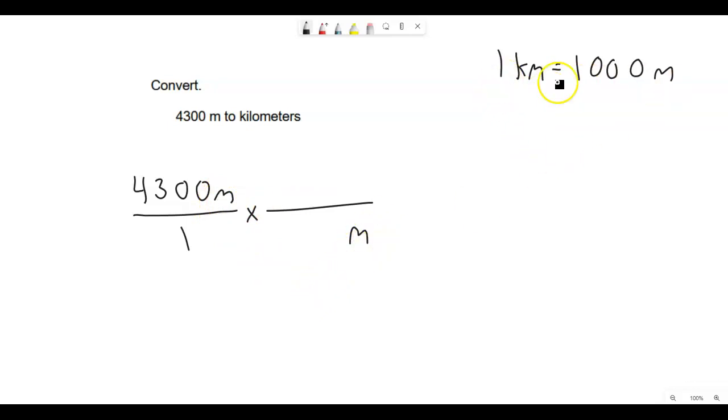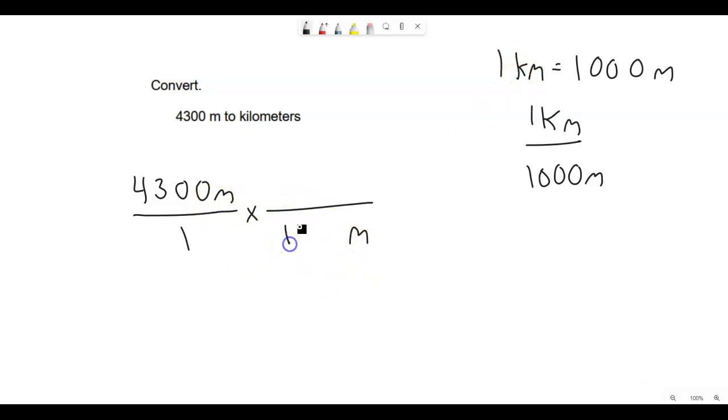So in order to get meters on the bottom, I'm going to put the 1,000 meters on the bottom and the 1 kilometer on the top. So 1 kilometer all over 1,000 meters. So this is the one that I'm going to use. The other way I could have done it was put this on the top and this on the bottom, but that would not have helped me because it wouldn't have canceled out my meters.